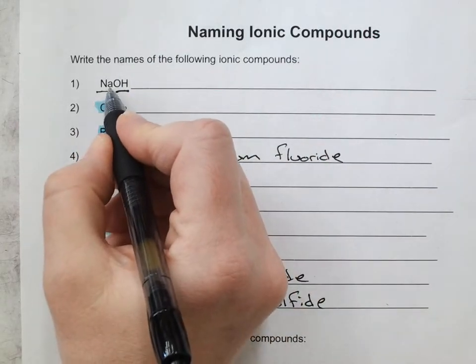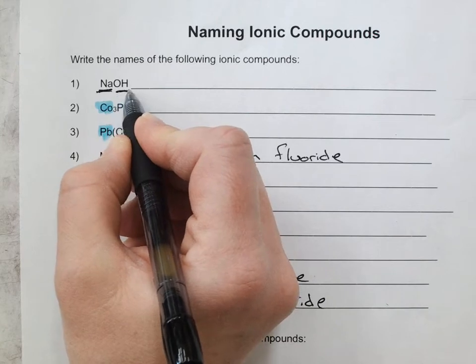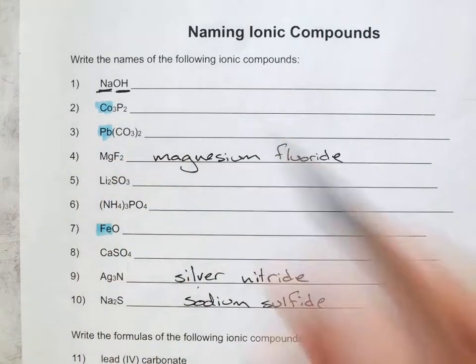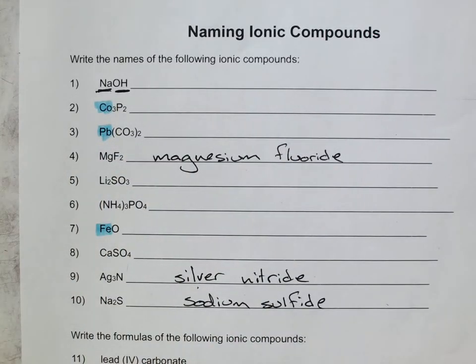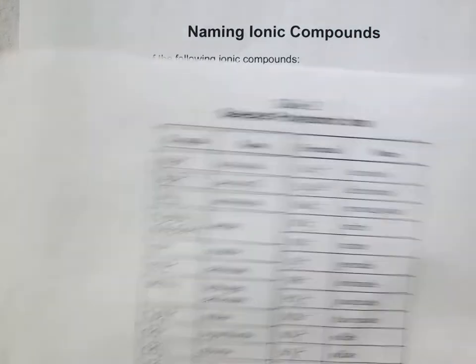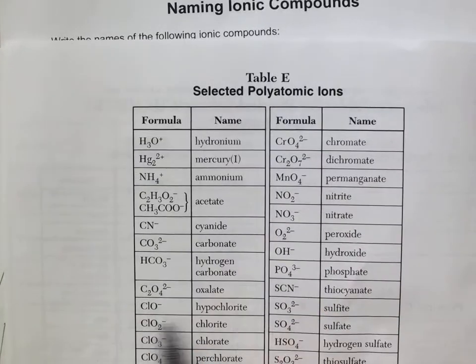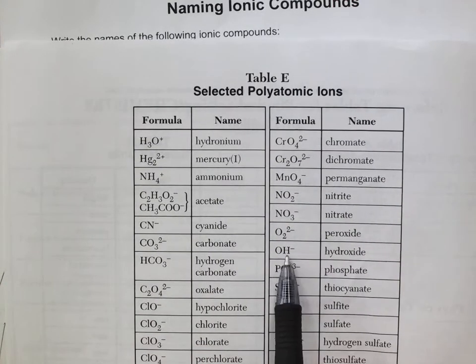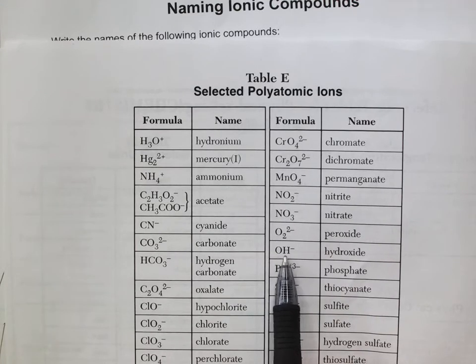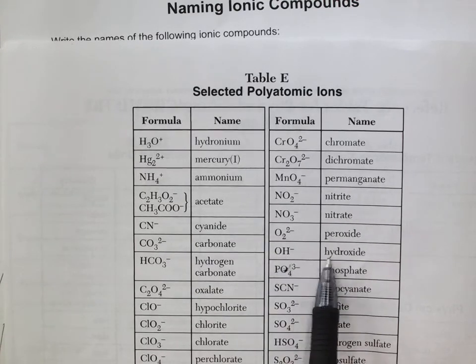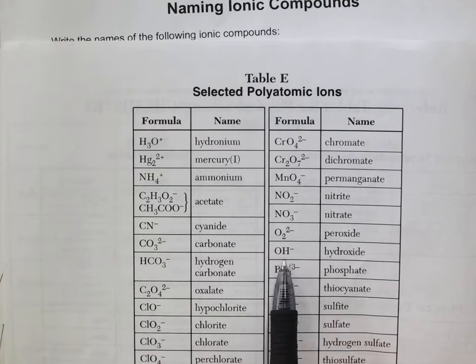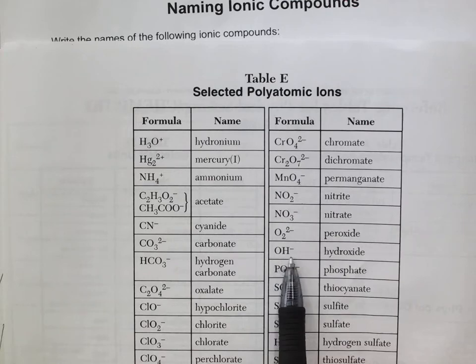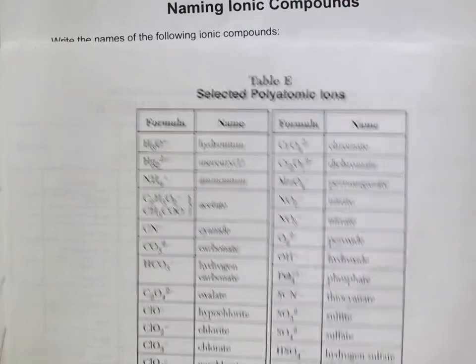So if this is sodium, this must be a polyatomic ion on table E. And here he is, hydroxide. Keep them together. They are a chunk. They're covalently, strongly bonded together. If I have him in a compound, it's either going to be 1 hydroxide or 2 or 3 hydroxides, but the oxygen and the hydrogen never shall separate.